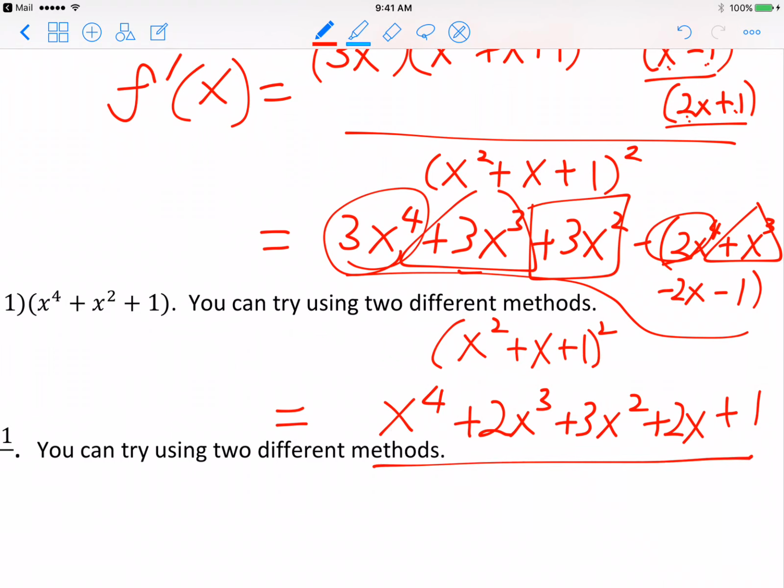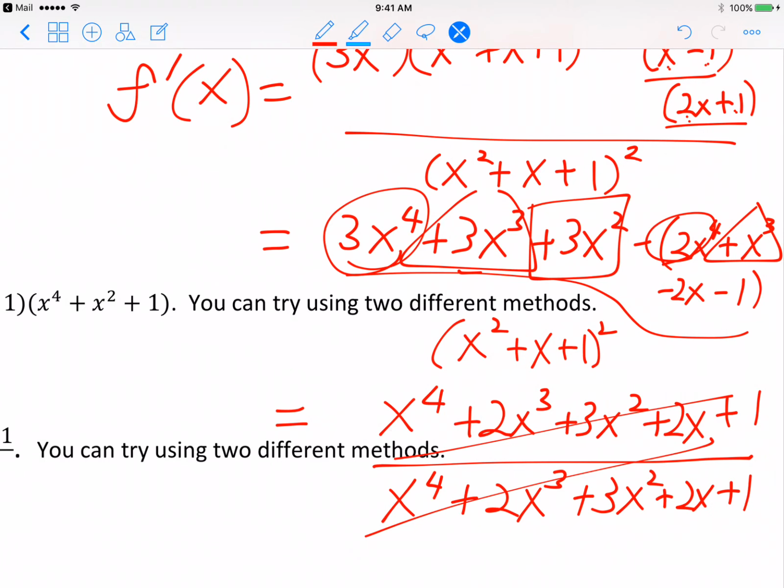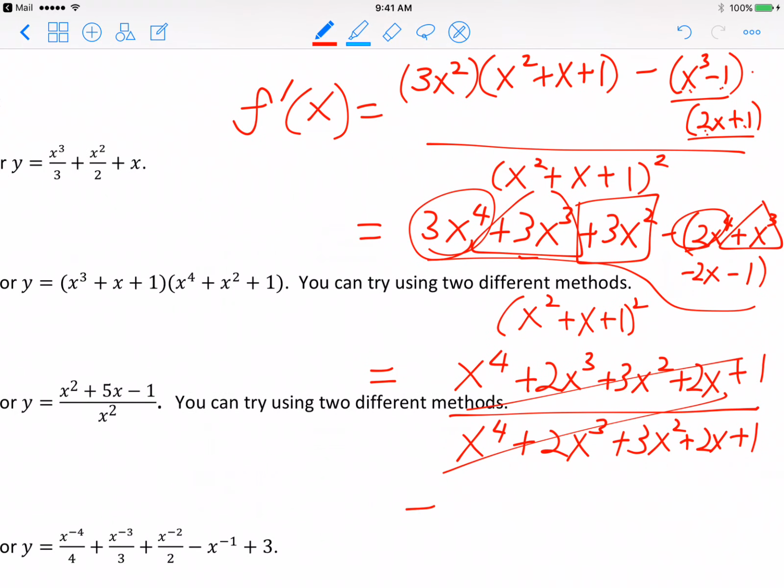So it's 1, 2, 3, 2, 1. And on the bottom, you have x squared plus x plus 1, squared. Believe it or not, if you square the trinomial on the bottom, you get the exact same thing: x to the fourth power plus 2x to the third power plus 3x squared plus 2x plus 1. You could try it if you have time. And in the end, your final answer becomes 1.